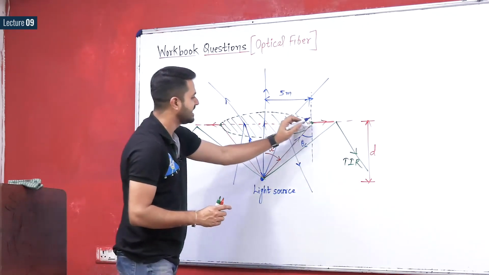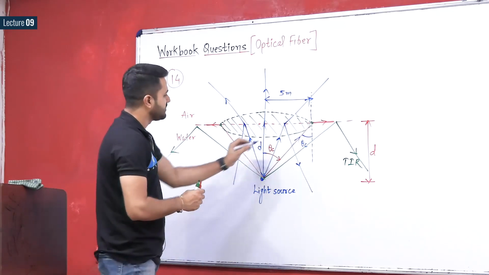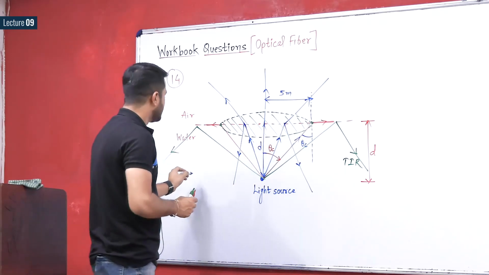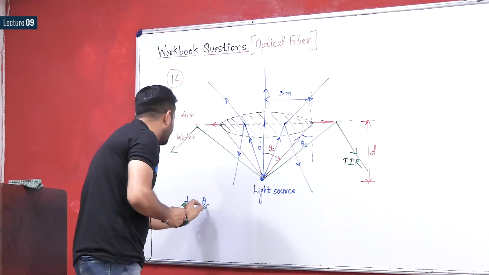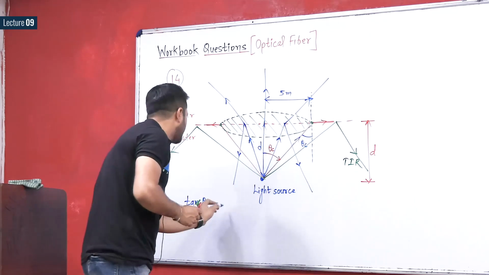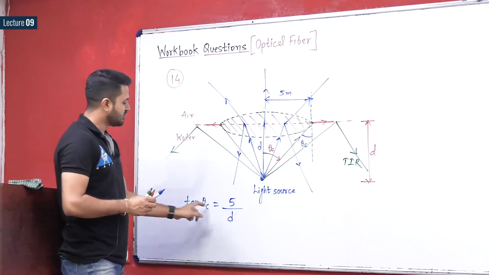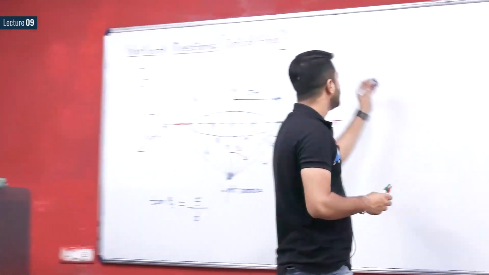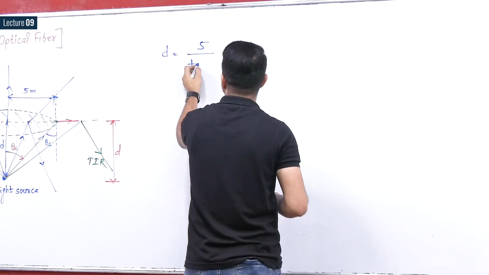That means we can apply this right angle triangle, where the angle theta c is given. So in the right angle triangle, tan theta c is equal to 5 by d. So what will be the value of d? The value of d would be 5 divided by tan theta c.